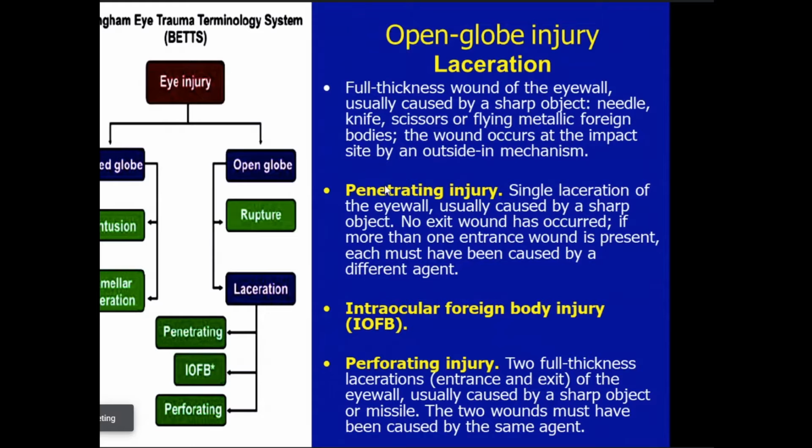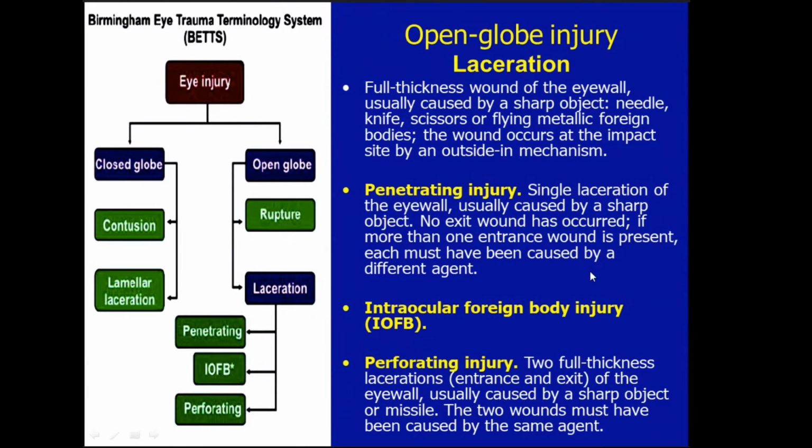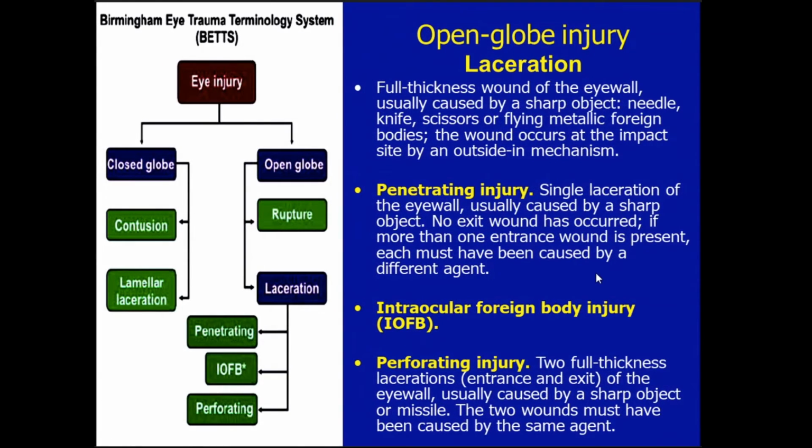As I have already mentioned, all lacerations we can divide into penetrating injury, intraocular foreign body, and perforating injury. As for penetrating injury, we see a single laceration of the eye wall, and no exit wound has occurred.